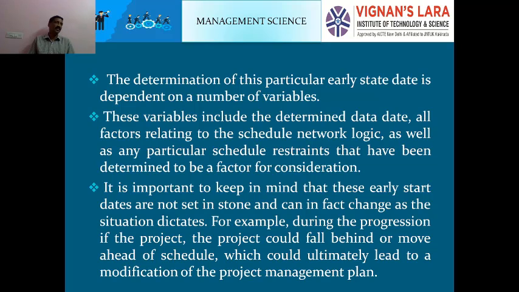Variables here mean event nature, number of tasks, number of events, number of nodes, etc. These are all variables on which it effectively depends. These variables include, in determining the date, all factors relating to the schedule network logic, as well as any particular schedule constraints that have been determined to be a factor for consideration.